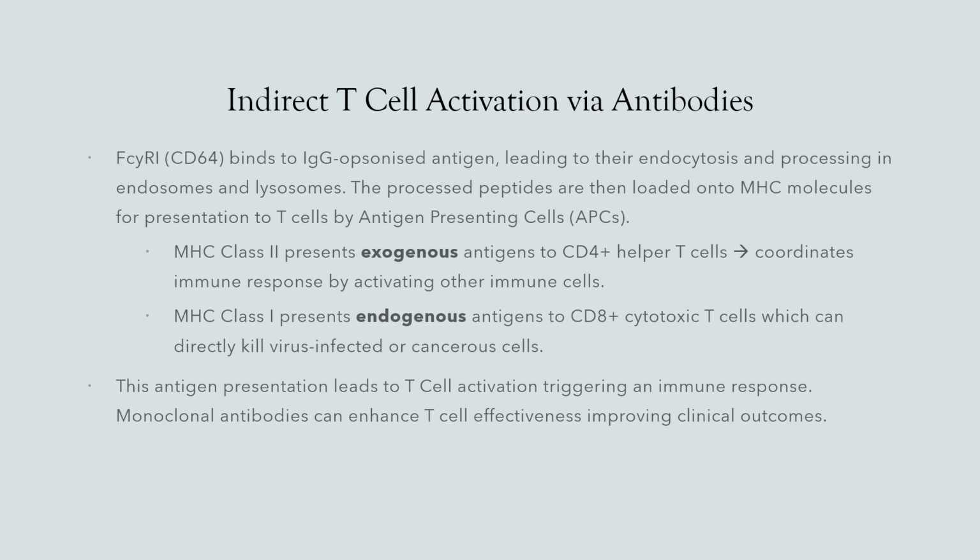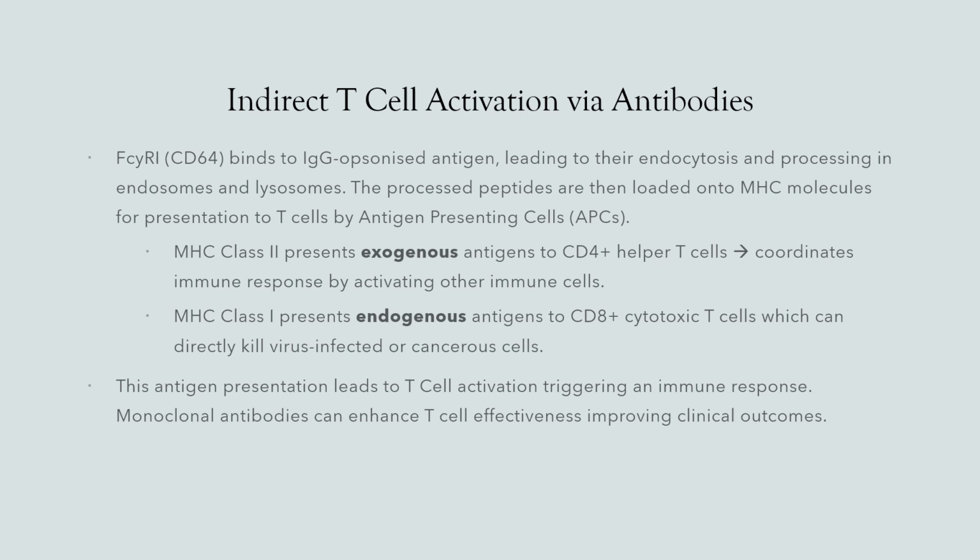So major histocompatibility class 2 presents exogenous antigens to CD4 plus helper cells, and therefore coordinates the immune response by activating other immune cells. But major histocompatibility class 1 presents endogenous intracellular antigens to the CD8 cytotoxic T cells, which can then directly kill virus infected or cancerous cells.